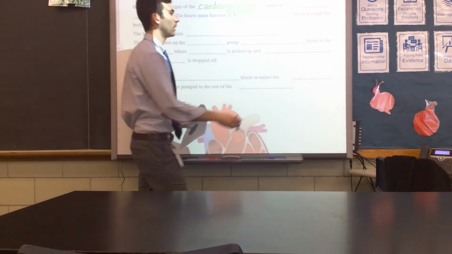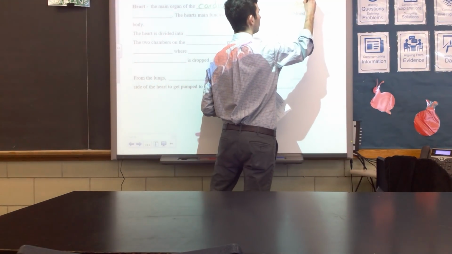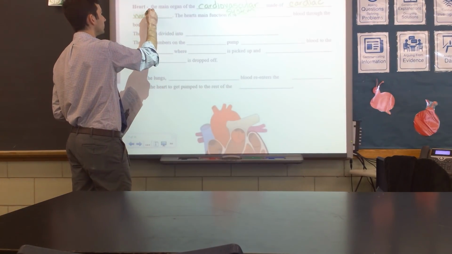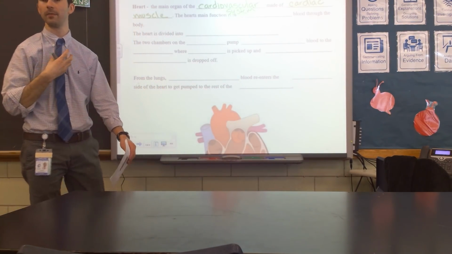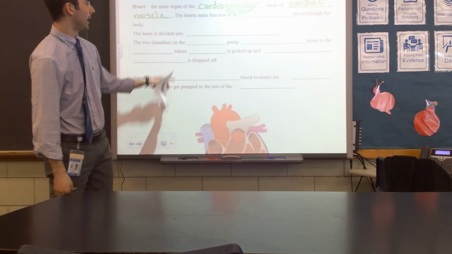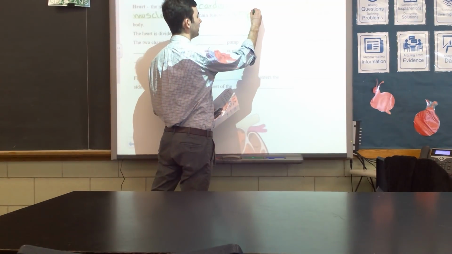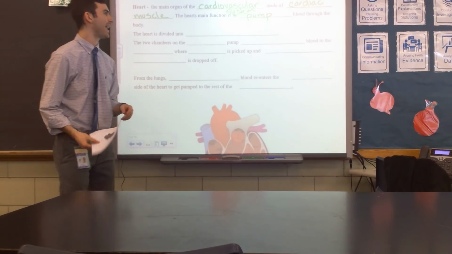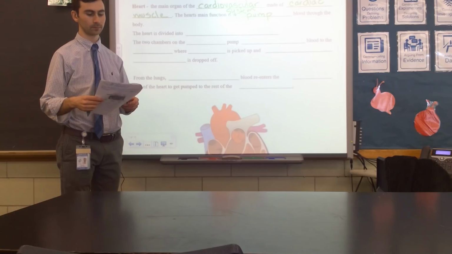It's made up of what we call cardiac muscle, which is just a specific type of muscle that keeps your heart beating. And the heart's main function is to pump blood through the body, both oxygenated blood and deoxygenated blood.